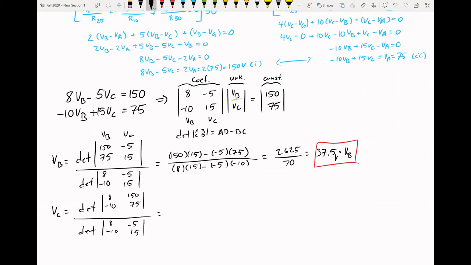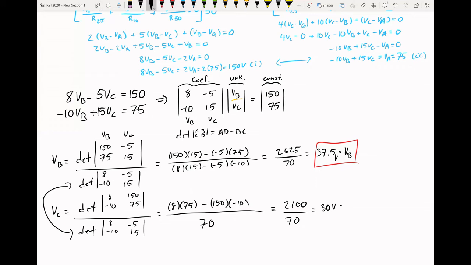This would be 8 times 75 minus 150 times -10 over, and we already found actually what the determinant is. It's the same in the denominator, so it's just over 70. So this would give us 2,100 over 70, which will just give us 30 volts for V of C.